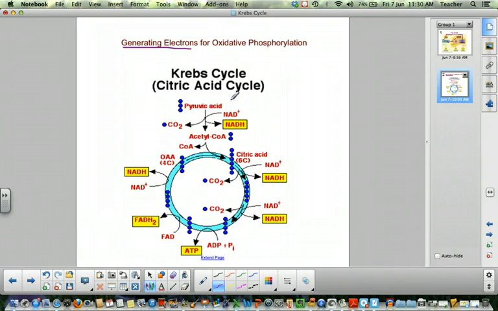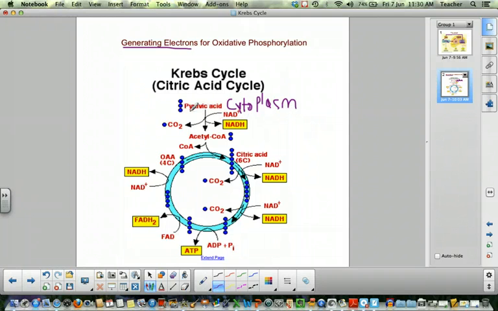Recall that glycolysis takes place in the cytoplasm. So we have our pyruvic acid created in the cytoplasm in glycolysis.